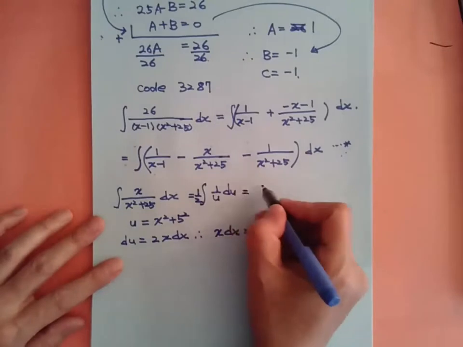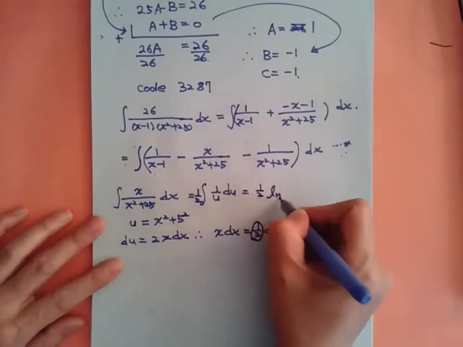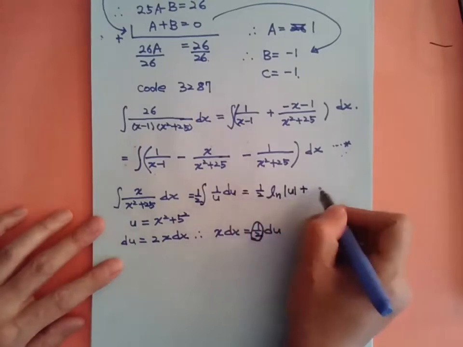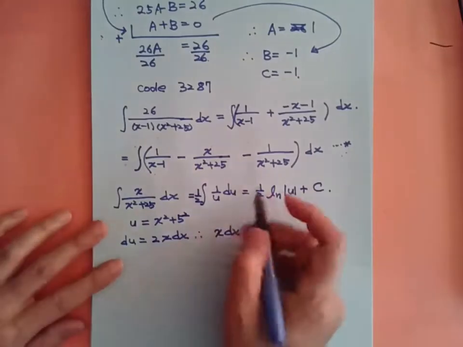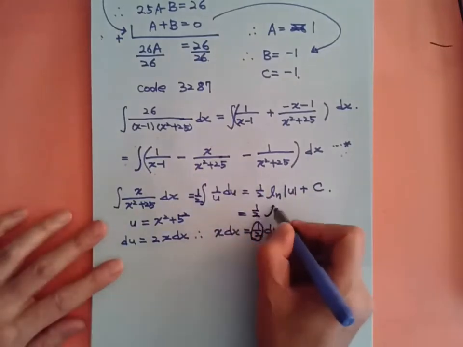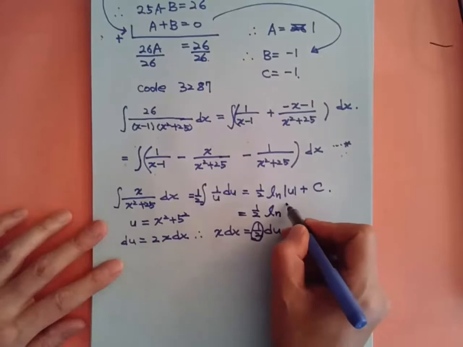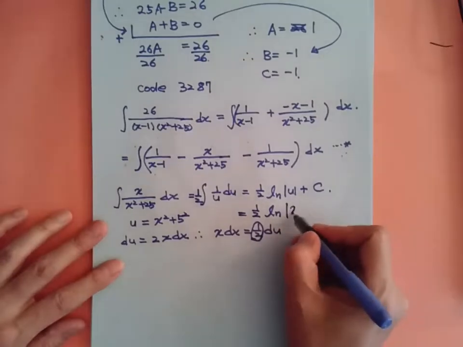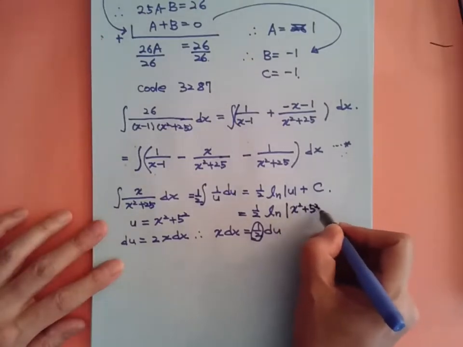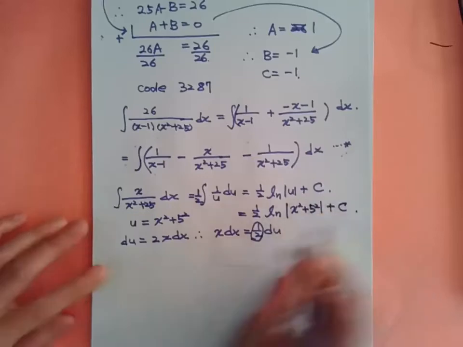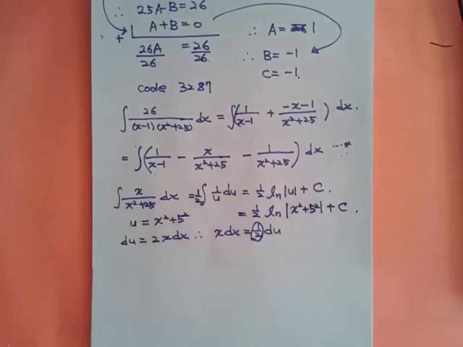So that is 1 over 2 natural log of the absolute value of u, plus c. So that is 1 over 2 natural log of x squared plus 5 squared, plus c. Any question?